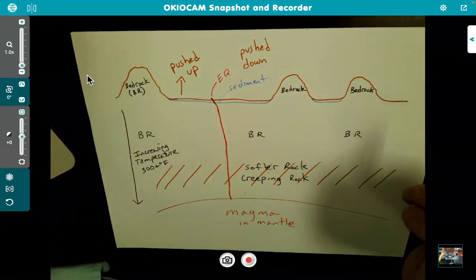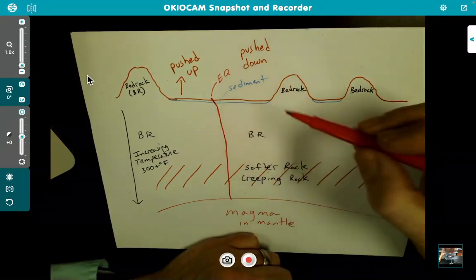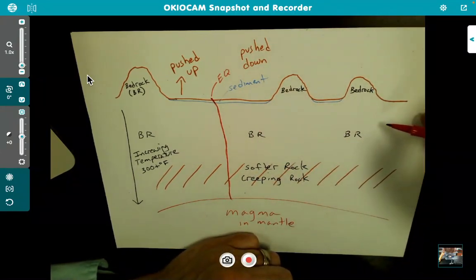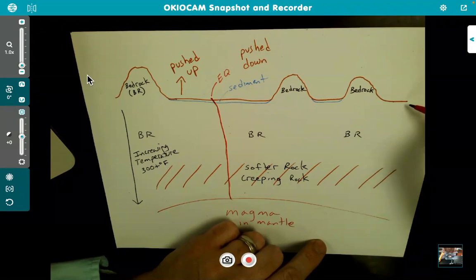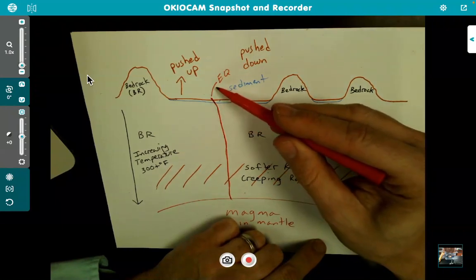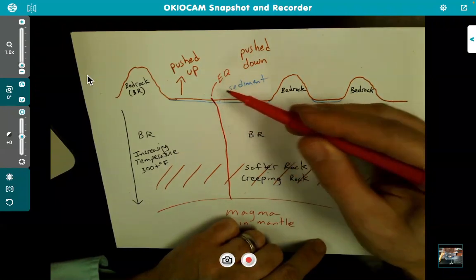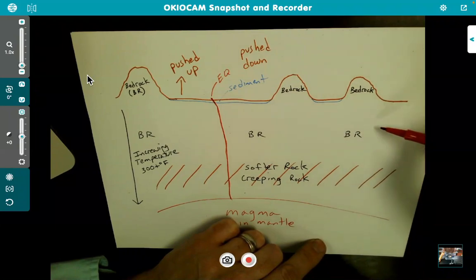The last thing we came up with in class was that this piece of rock will end when we find another crack. The place where we'll find another crack is where we have an earthquake. So how do we find the next crack? We have to find out where earthquakes happen.